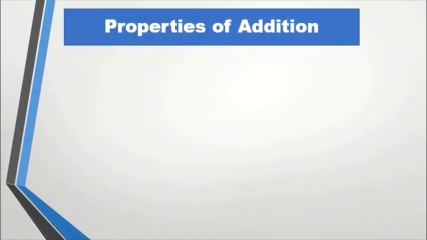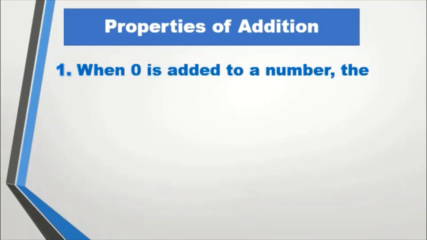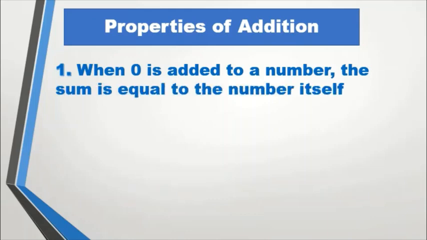Children, let us learn the properties of addition. Now let us see the first property. When 0 is added to a number, the sum is equal to the number itself. When we add 0 to any number, what will be the sum, children? You are right, the number itself.